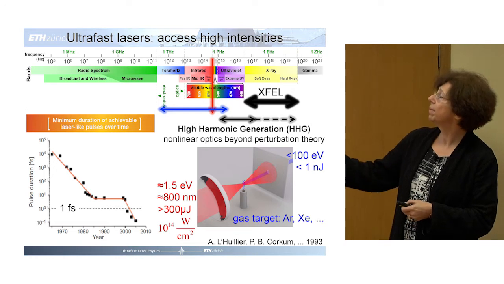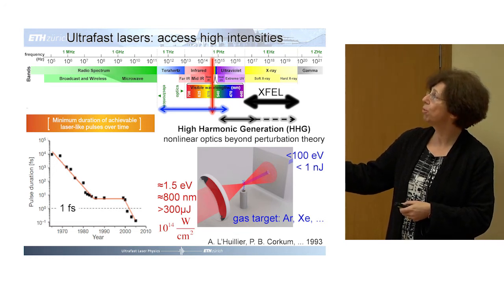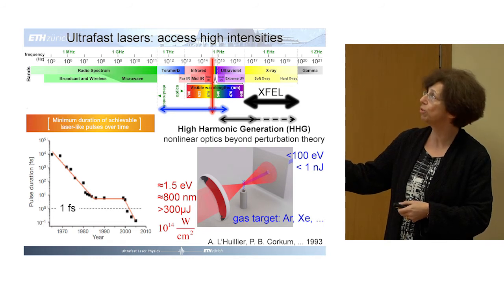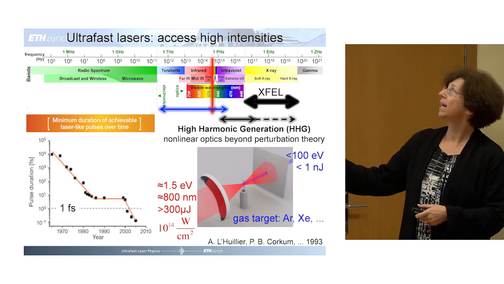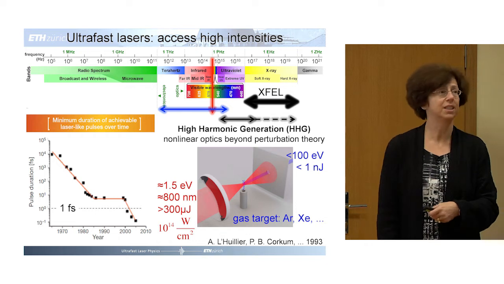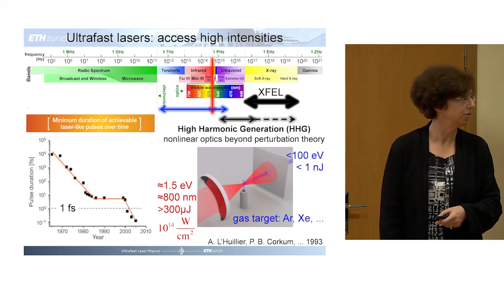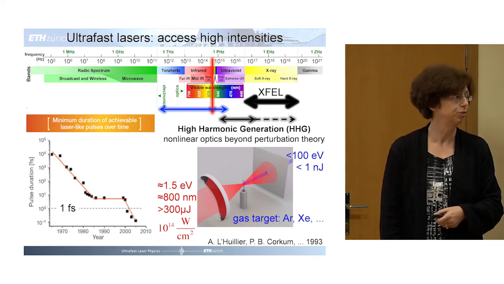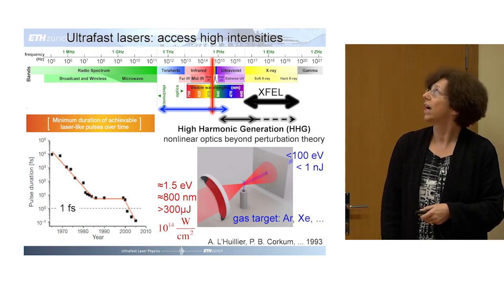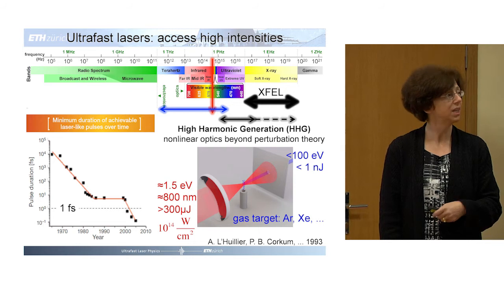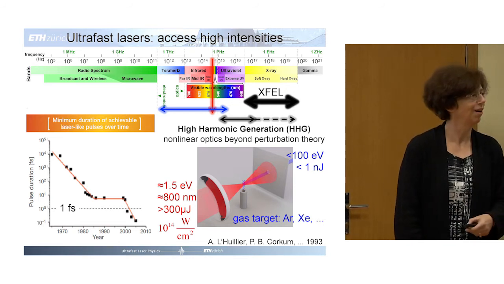At the same time, there is hope that we can push high harmonic generation further up in energy, but the number of photons we're getting, the efficiency, is not very high. We're working on it. Meanwhile, the XFELs can easily produce a high photon flux in this region, and easily produce femtosecond pulses, and they're working on getting attosecond.